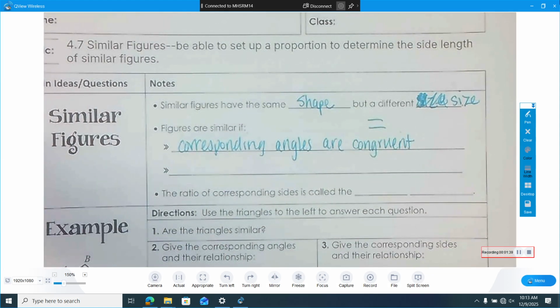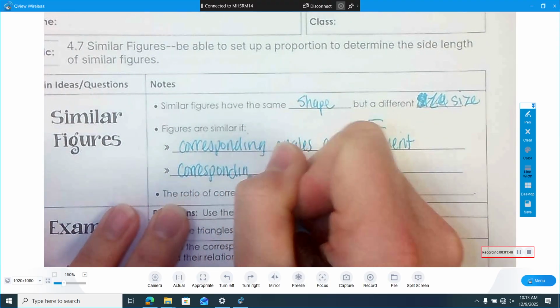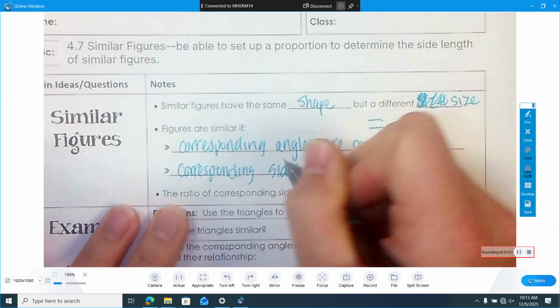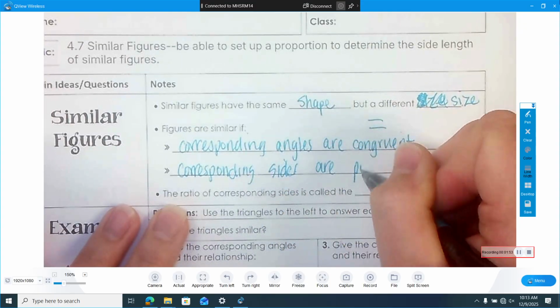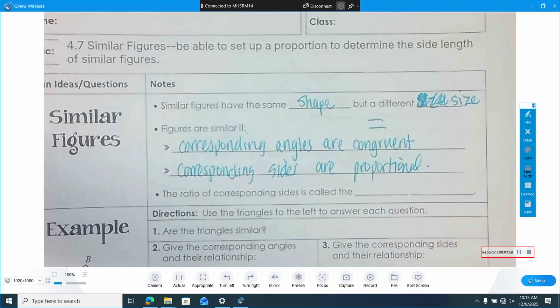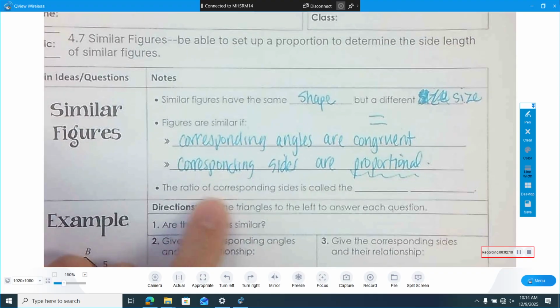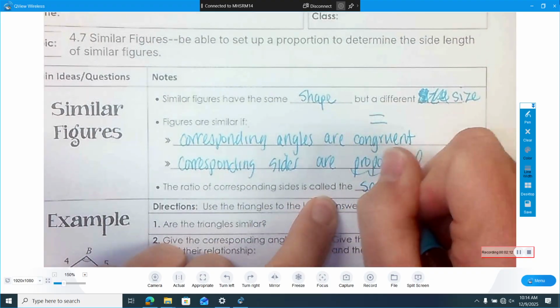Corresponding angles are equal or congruent, and corresponding sides are proportional. So there's that proportion word we're talking about. All right, so the ratio of corresponding sides is called the scale factor.